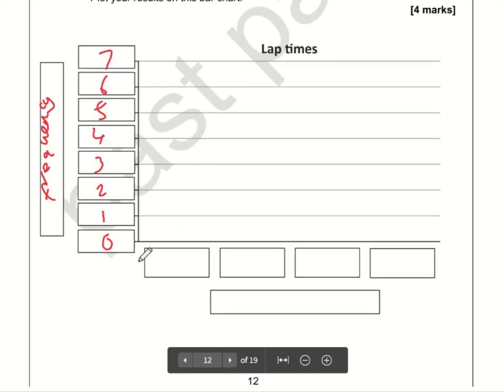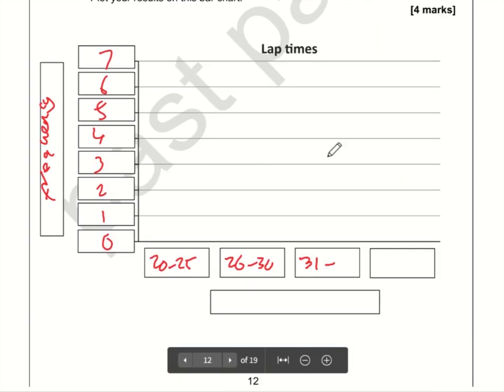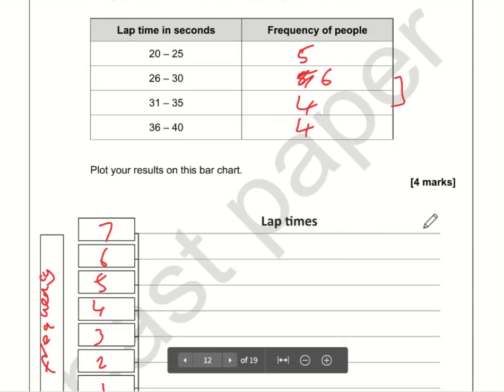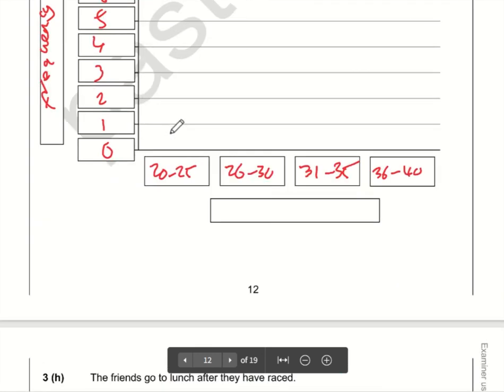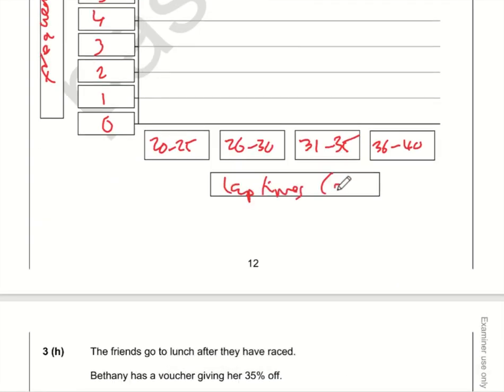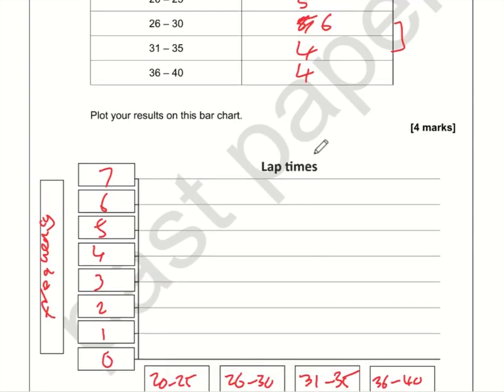So we've got 20 to 25, 26 to 30, 31 to 35, and 36 to 40. So this is lap time in seconds, so let's write this as lap times and put S for seconds. Although the title does say lap times as well.